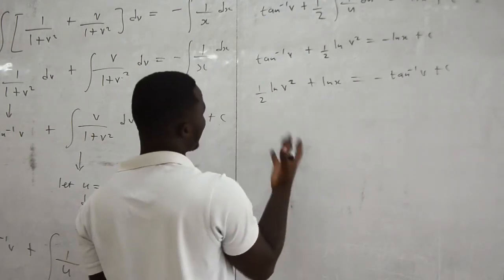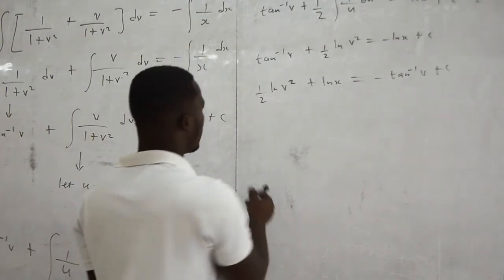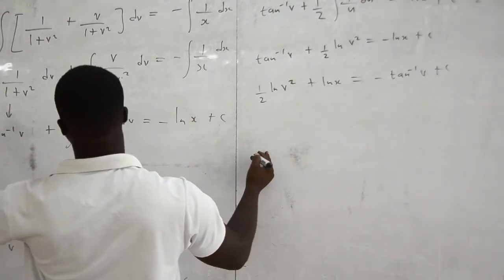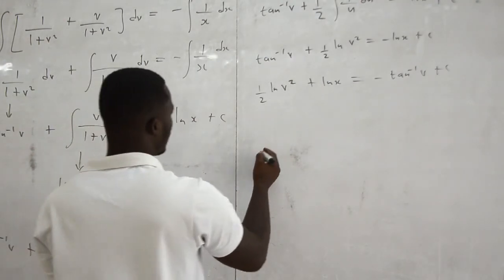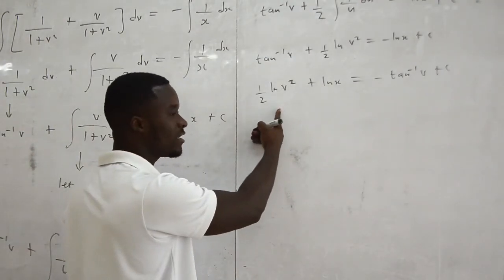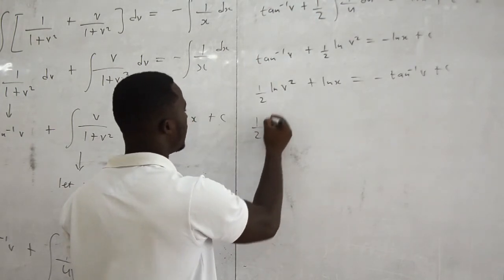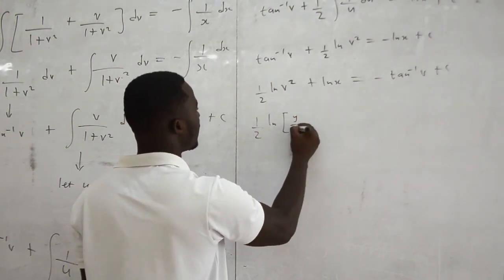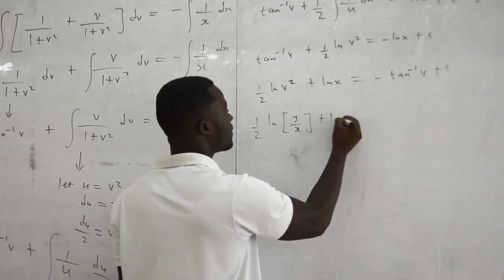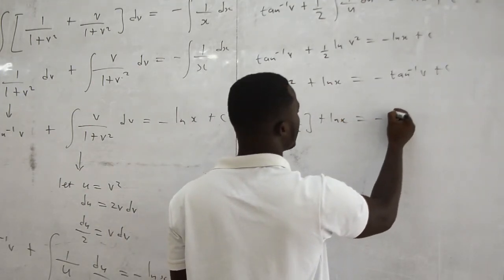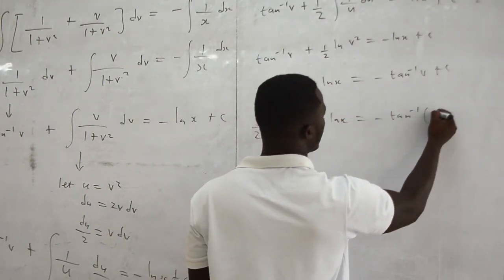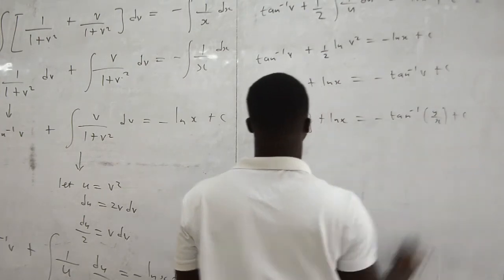Simplify this one, but before I simplify, let me change all the v's back. From the other side, you saw that whenever you see v, it's the same as y over x. So I have half ln (y over x) plus ln x is equal to negative tan inverse of (y over x) plus c.